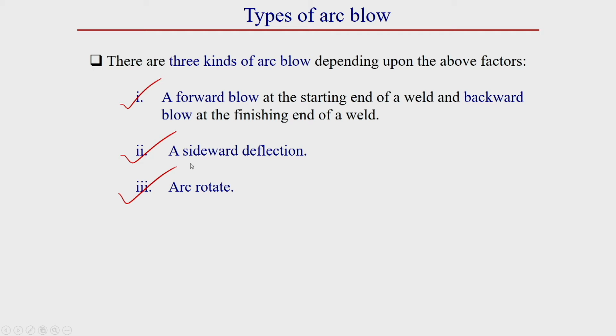So forward and backward arc blow, sideward arc blow, or arc rotation can be there. Now, I will discuss in detail these forward, backward, sideward and arc rotation types of arc blow.